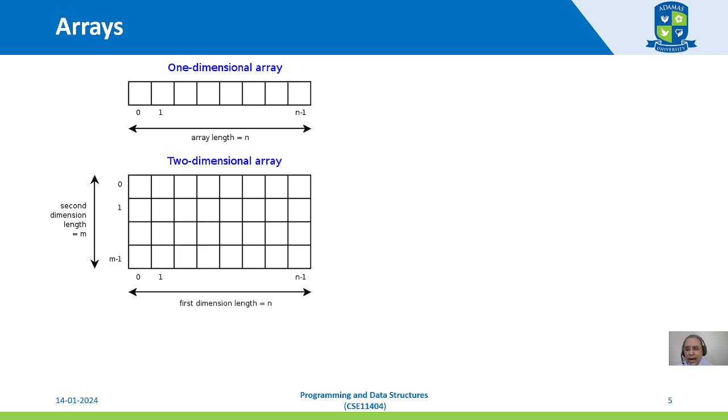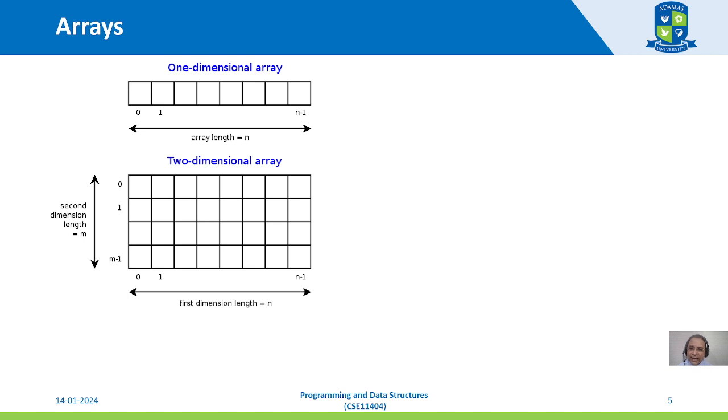And another important information I want to pass on to you, dear students, is that an array can store similar type of elements having the same data type. That means if in an integer array we want to store a float value or a character value, that is not possible.